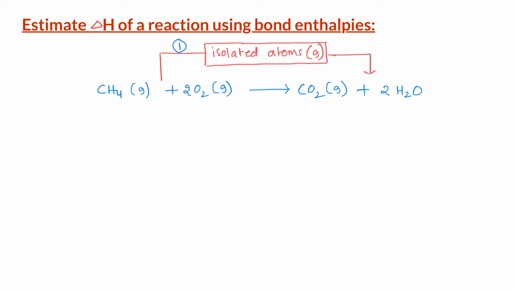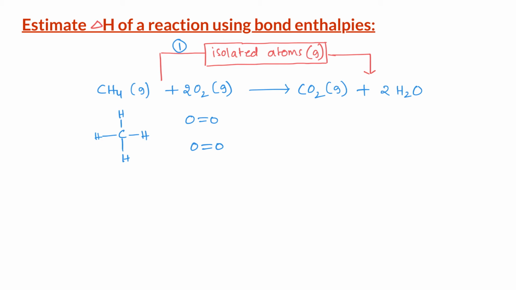To do that, we need to break all the bonds present in the reactants. There are 4 carbon-hydrogen single bonds and 2 oxygen-oxygen double bonds. Let us calculate how much energy it takes to break all these bonds.